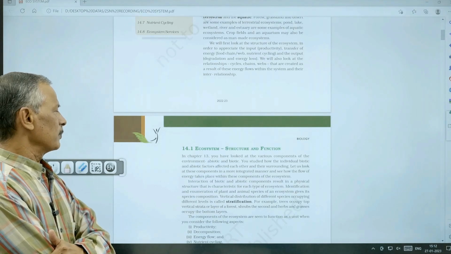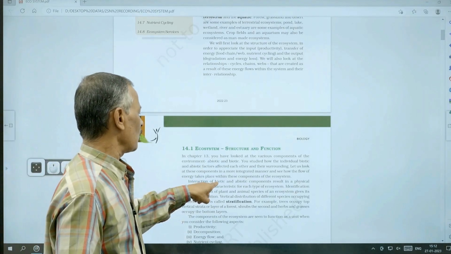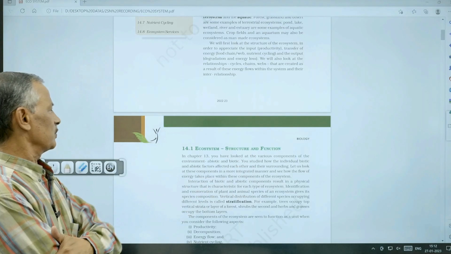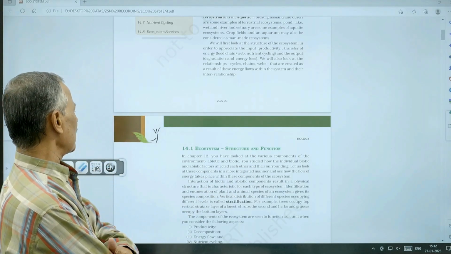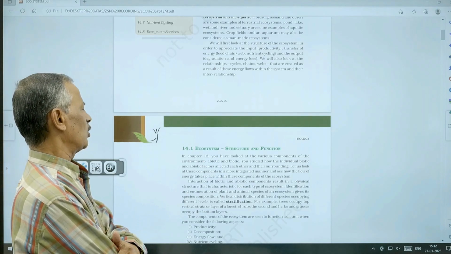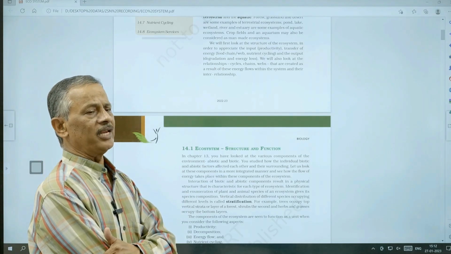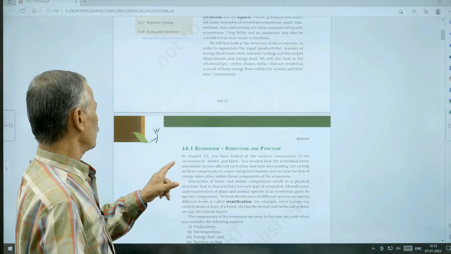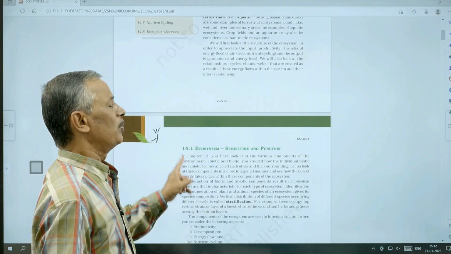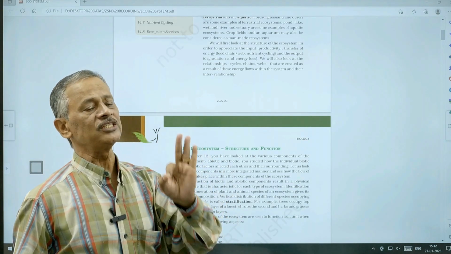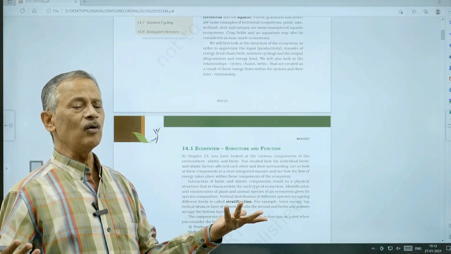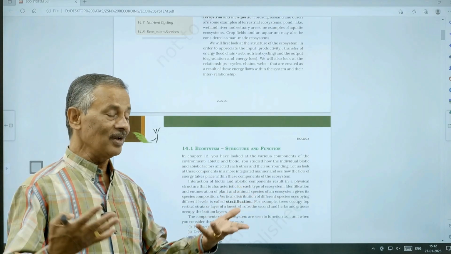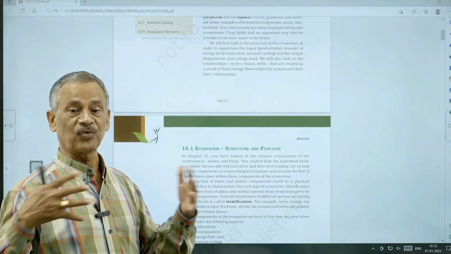Ecosystems are having interactions of biotic and abiotic components. Because of this interaction, the physical and chemical nature of that ecosystem will be slightly different from each other. So the physical structure will be unique for each and every ecosystem. You may have two ponds, but on minor details, they will be different.